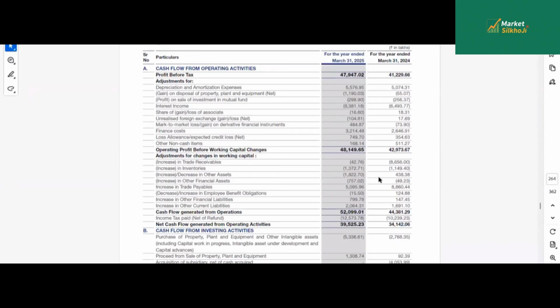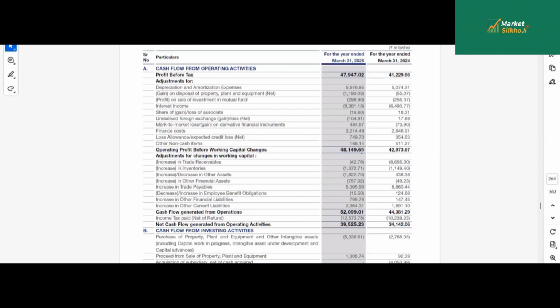So if you look at Gulf Oil Lubricants, this is the cash flow statement. Of course, you'll find many line items, but not required. The first section will be cash flow from operating activities, and you'll find 2 years of data, 25 and 24.